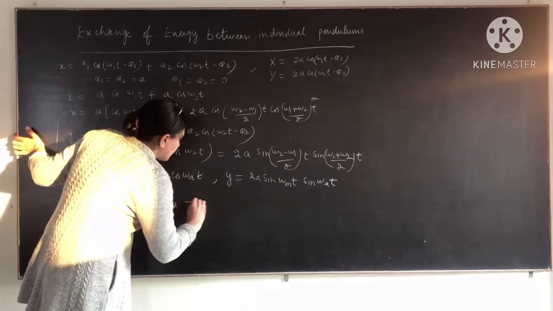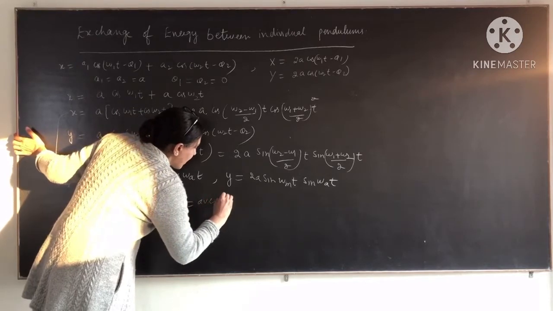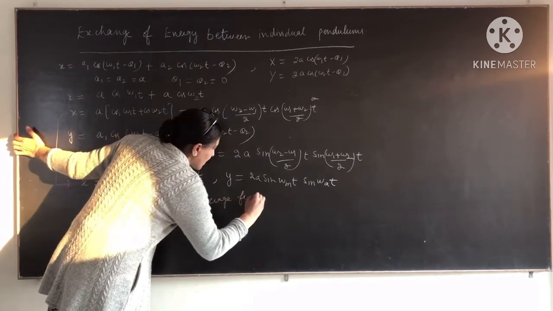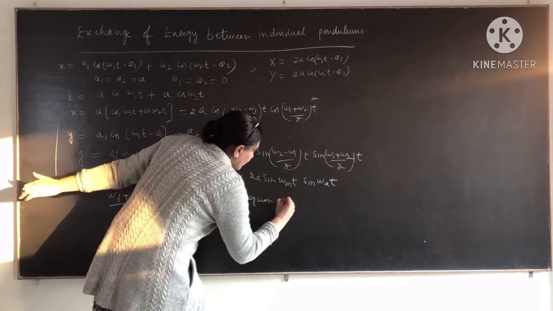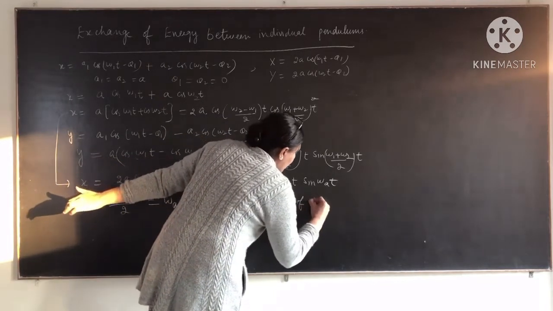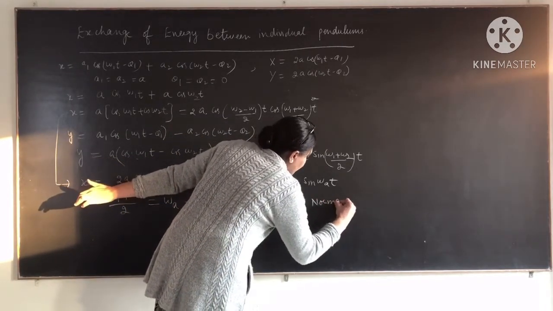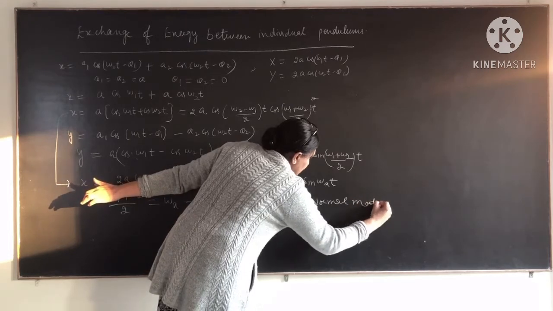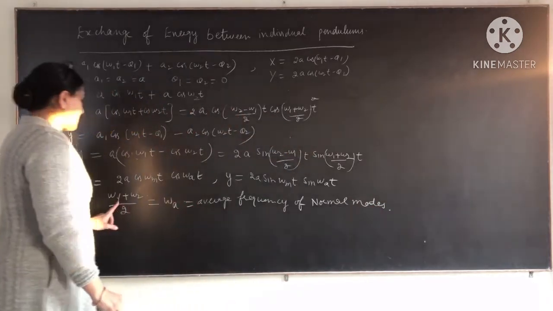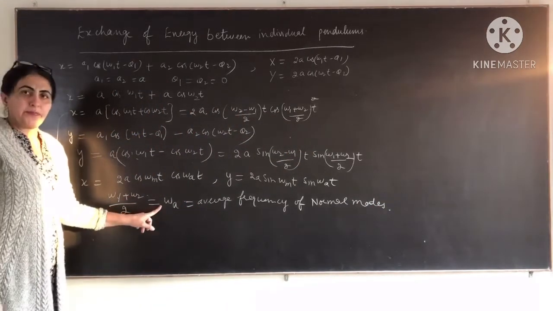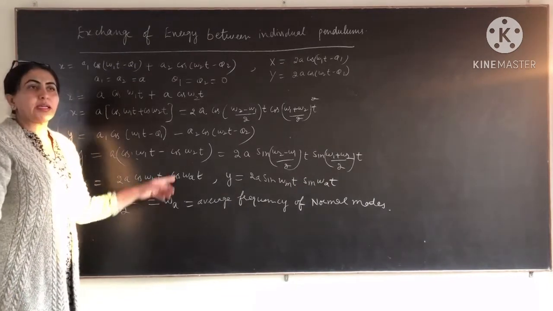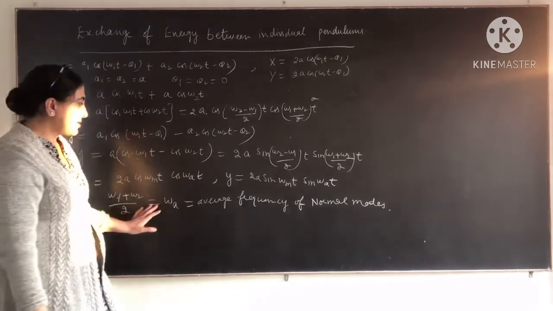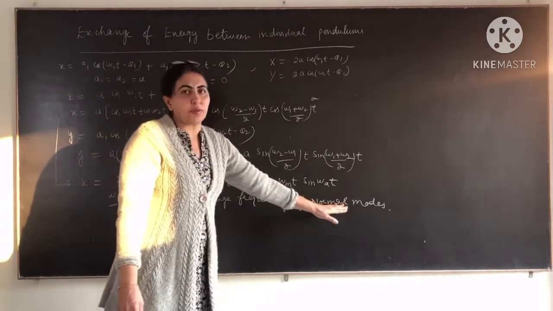This is the average frequency of normal modes. Clear? With this frequency, omega A, the pendulums are oscillating, and this is the average frequency of normal modes.